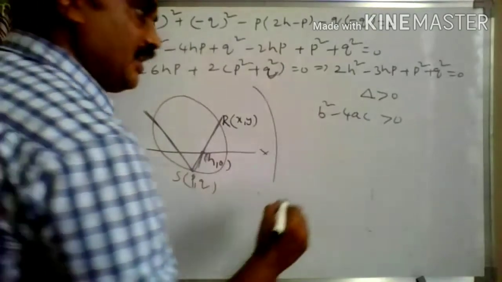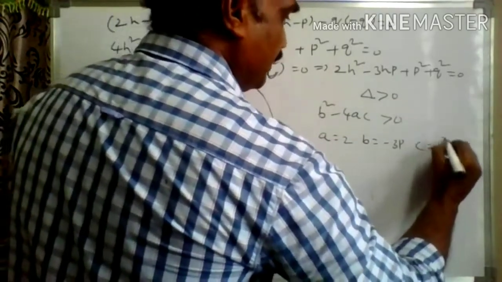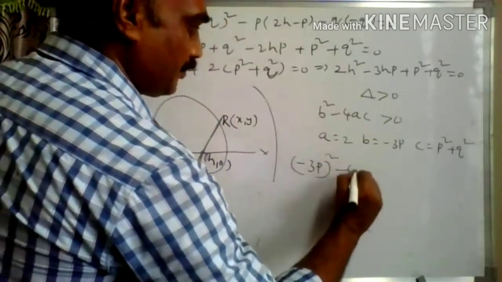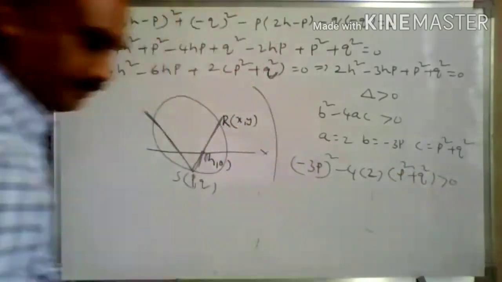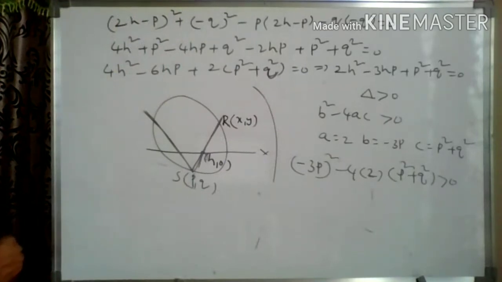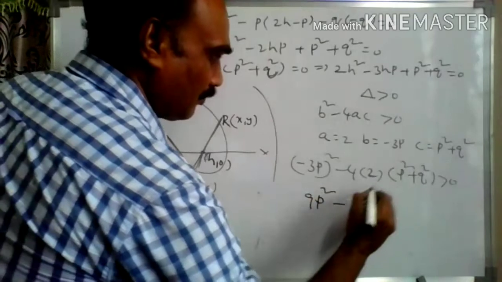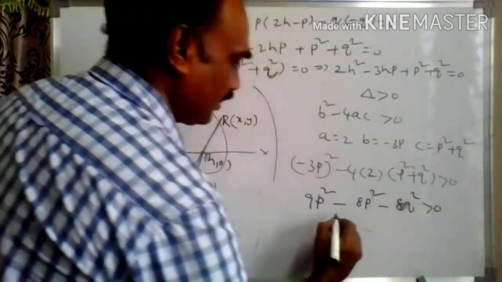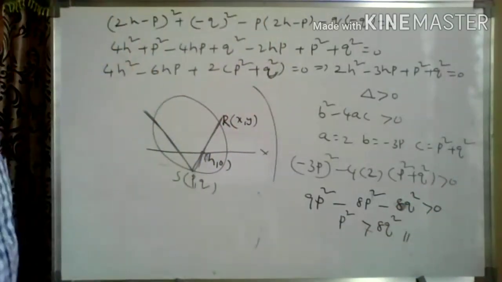This is a quadratic equation in h, with a = 2, b = −3p, and c = p² + q². So (−3p)² − 4·2·(p² + q²) > 0. That gives 9p² − 8p² − 8q² > 0, so 9p² − p² > 8q², and therefore p² > 8q².